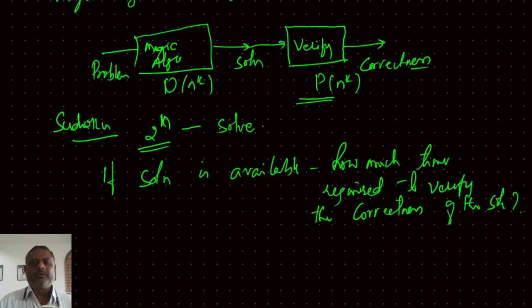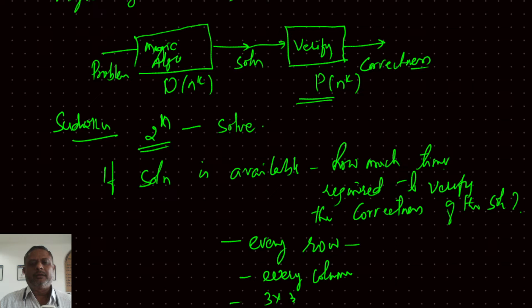So what do we have to do? Look at every row, look at every column, and all 3 by 3 blocks.